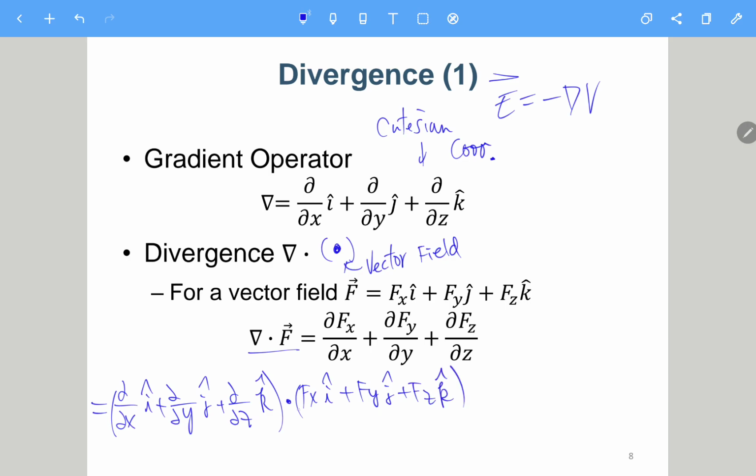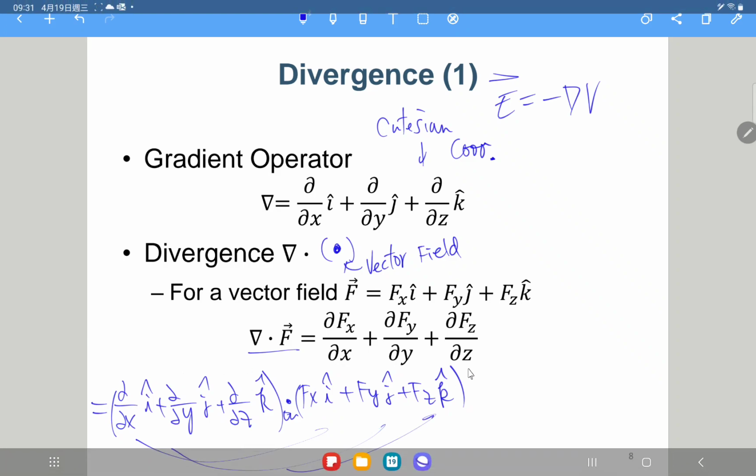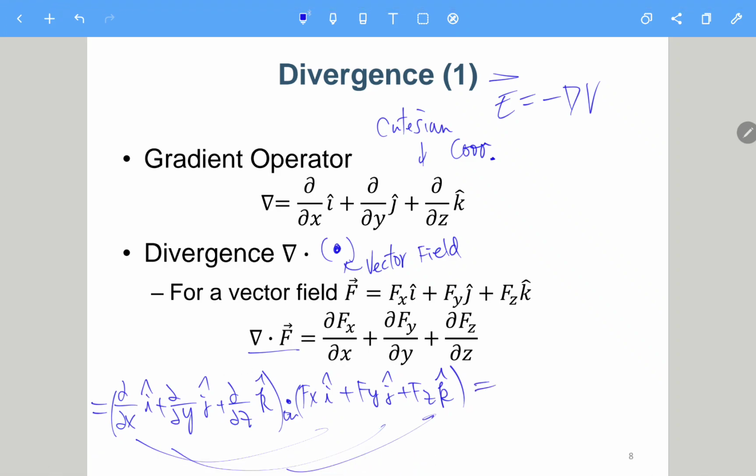This is a dot product, like a multiplication, so we need to distribute. So altogether we should have 9 terms, but hopefully 6 of them are 0.